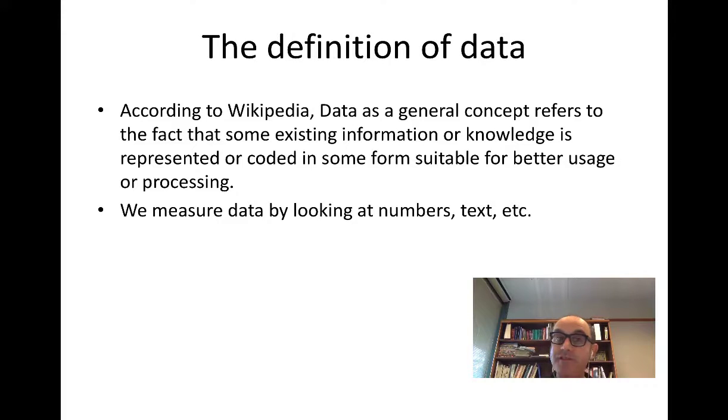So the definition of data, according to Wikipedia, is that data as a general fact refers to the fact that something exists in information and knowledge. It's represented or coded in some suitable form for usage or processing. In computer programming, it's a process that we often use.